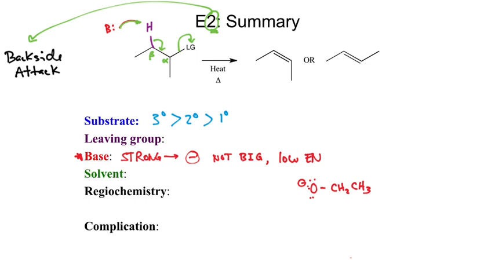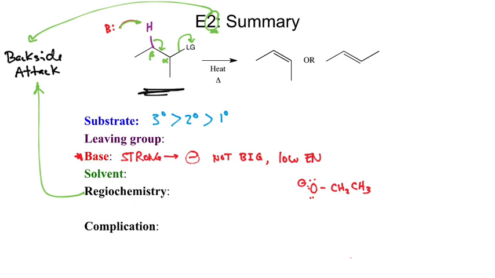But now we move to the really challenging question, okay, which is kind of tied together, our regiochemistry and our complication. Okay, we are still forming a pi bond, so we still want to form the most substituted and stable pi bond possible. But we have to be aware that our reaction runs according to backside attack.